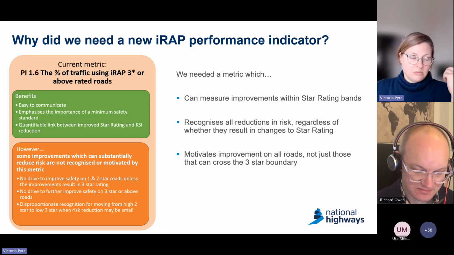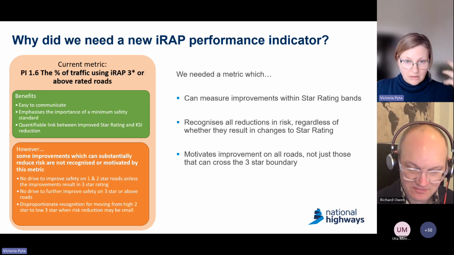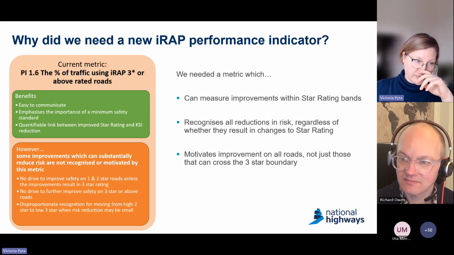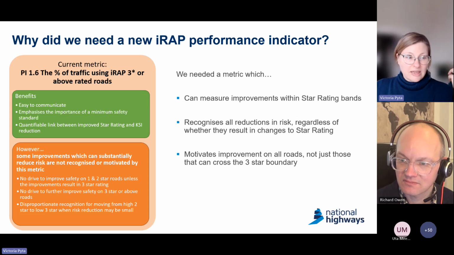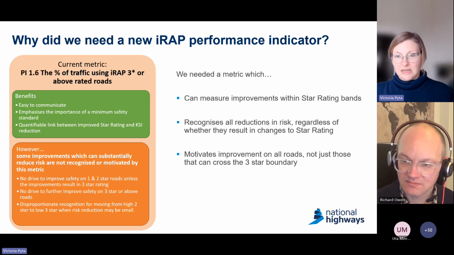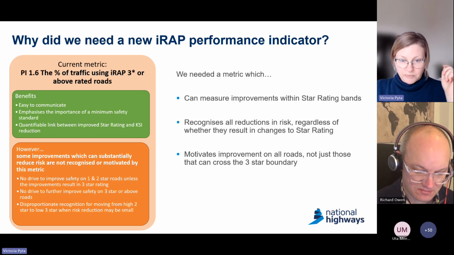It's a global sustainable development goal. So there is that comparability across other road networks that do an IRAP survey. It's relatively easy to communicate. It emphasizes the importance of a minimum safety standard, and there is a quantifiable link between improving star ratings and KSI reduction, KSI standing for killed and seriously injured.